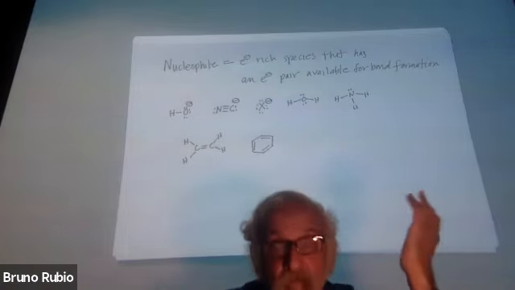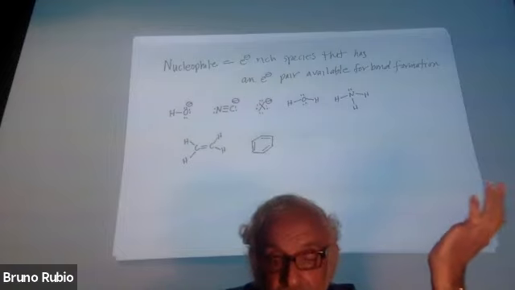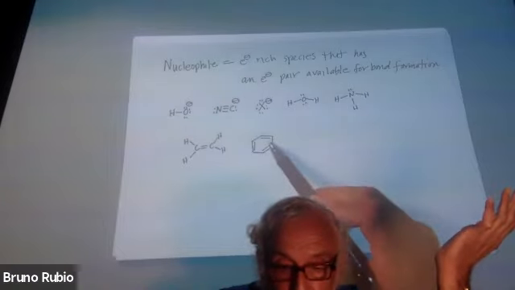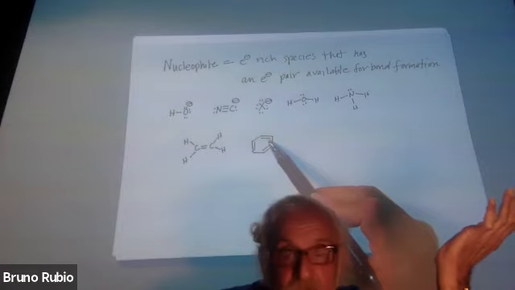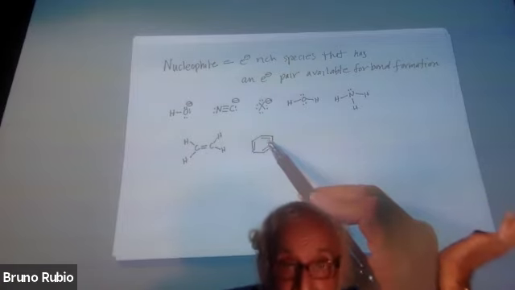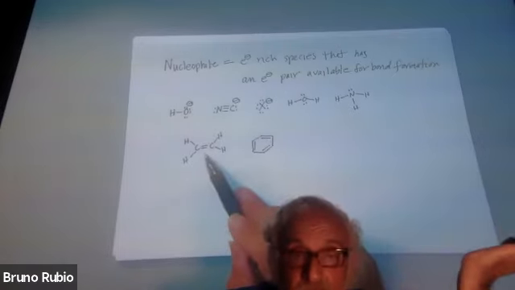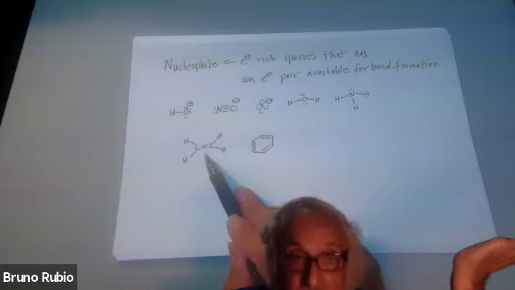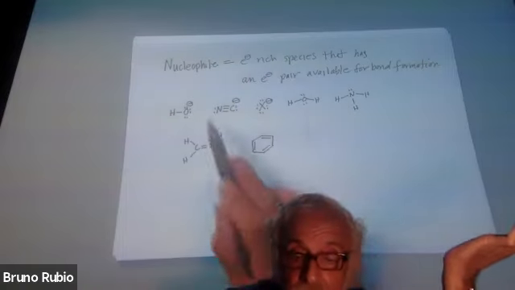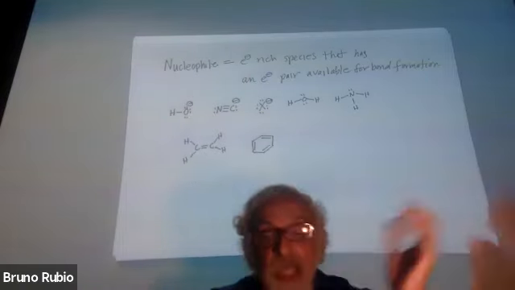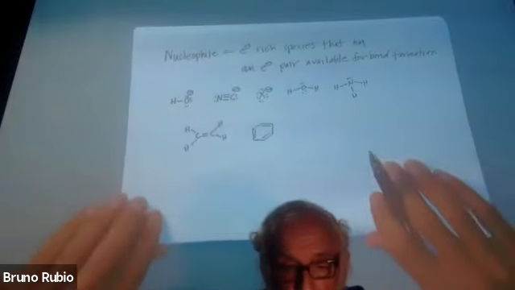That's electron rich, and the carbon atoms here have an electron pair. It is shared in this case. In the case of the alkene, that electron pair is also a shared electron pair, not an unshared pair, as we saw in this first row, but benzene's also a nucleophile.